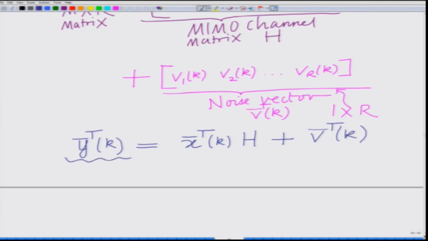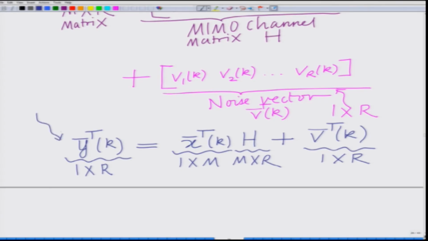Just to confirm this again, this is your 1 cross R received vector, this is the 1 cross M transmit vector, this is the M cross R MIMO channel matrix, this is the 1 cross R noise vector v bar transpose k, alright. So, I have y bar transpose k equals x bar transpose k times the MIMO channel matrix H plus v bar transpose k. This is the input output model for the kth time instant.